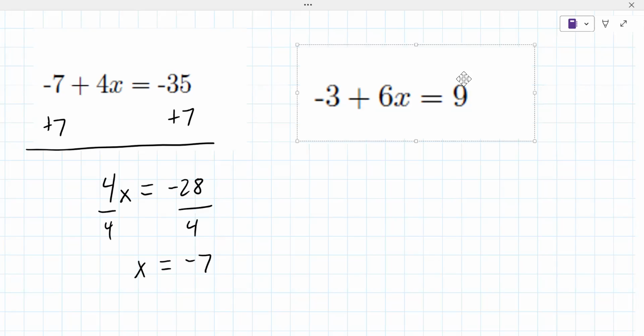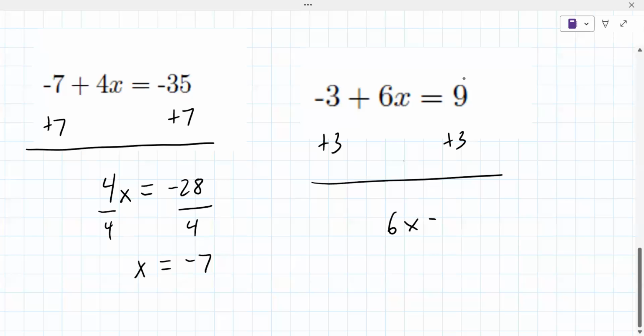X equals 2. So you're going to add 3 to both sides. I believe that's correct. 6x equals 12. Divide by 6, x equals 2. You got it.